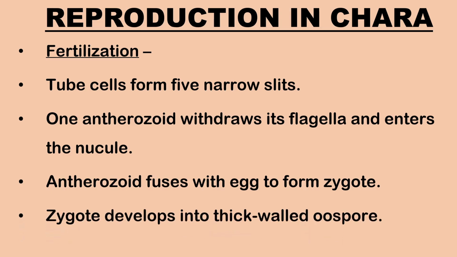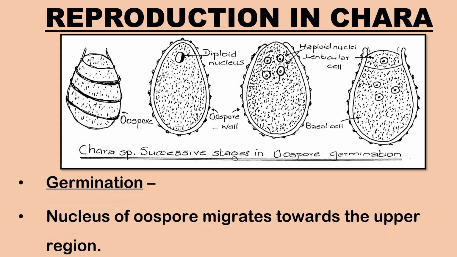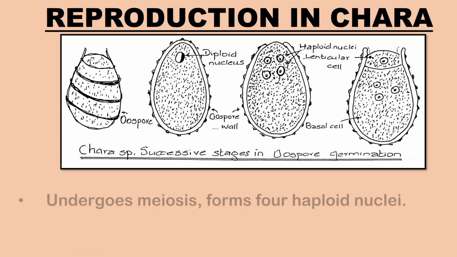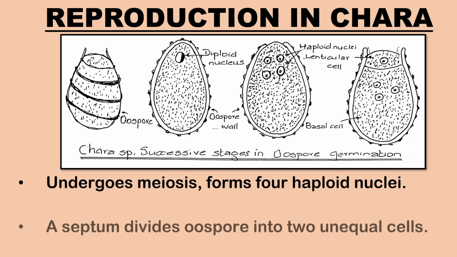The zygote later develops into a thick-walled oospore which gets surrounded by 4 layered cells. At the time of germination, the nucleus of oospore migrates towards the upper region. It undergoes meiotic division, resulting in the formation of 4 haploid nuclei.